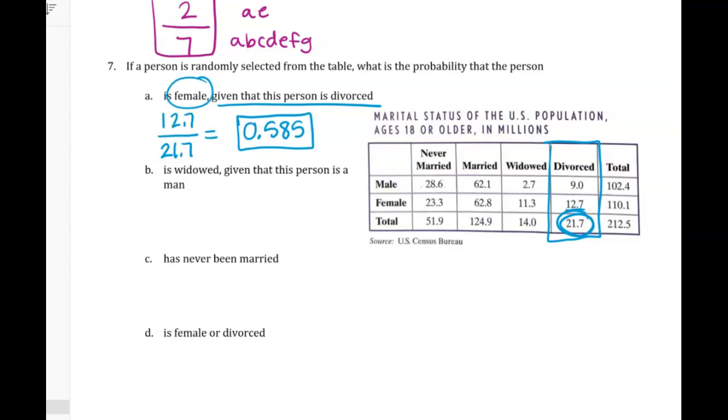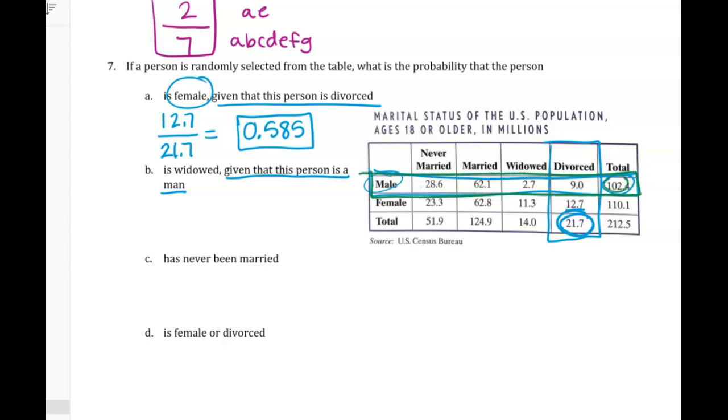Next one, probability that the person is widowed, given that this person is a man. So men is going to be our total. So our total is 102.4. So now we're looking here. I'll switch colors to make it maybe clearer, hopefully.